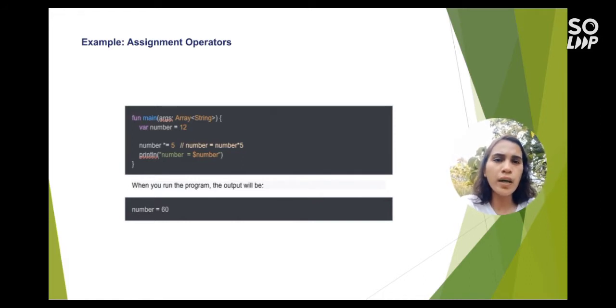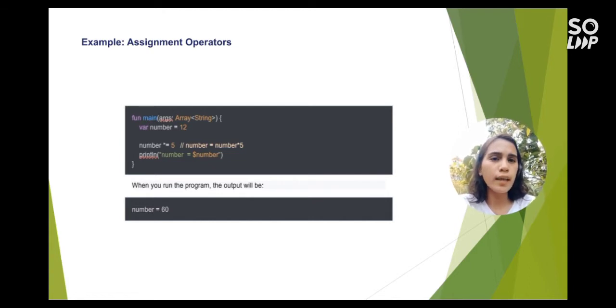So you can see var number equals 12, then number times equals 5. Then println prints the result equals number.